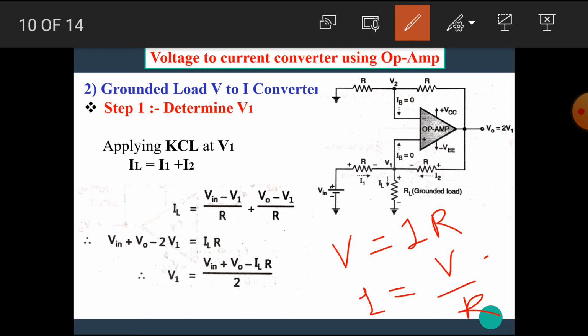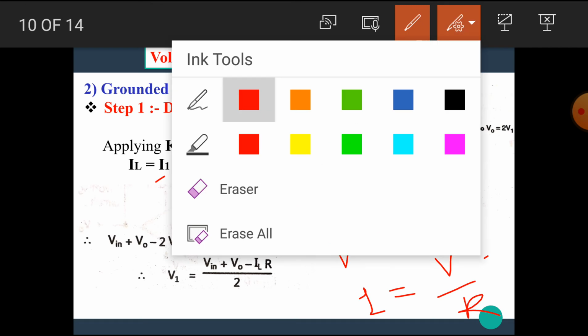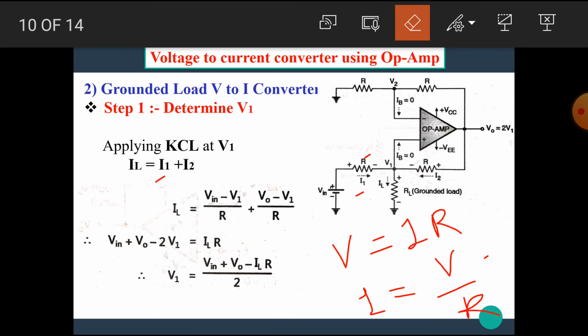Hence for I1, the resistor is R and the potential difference is Vin minus V1. I hope you all understand this.